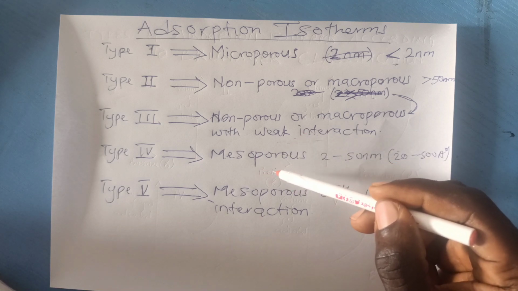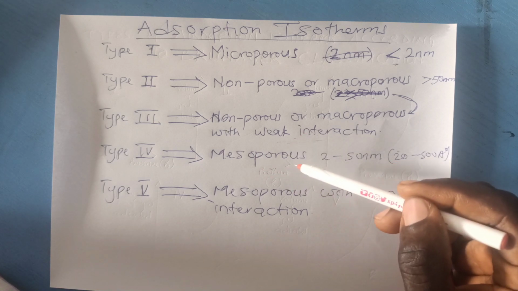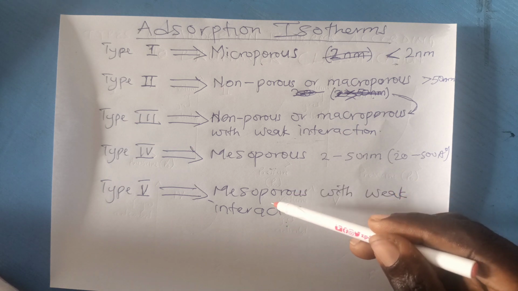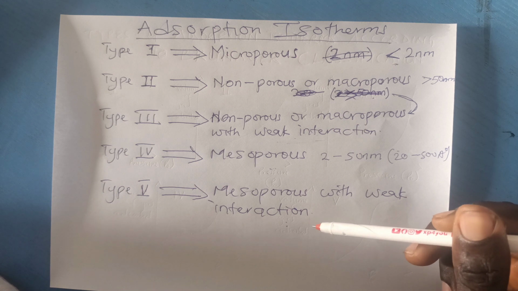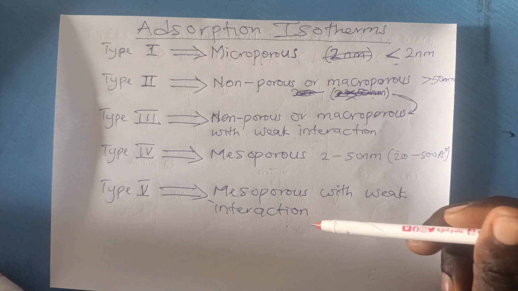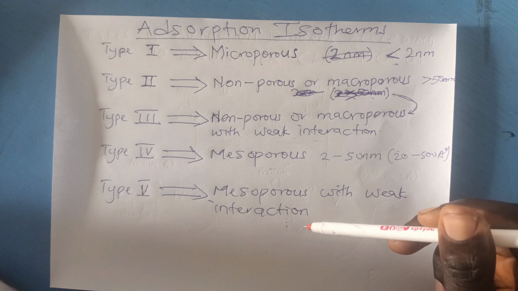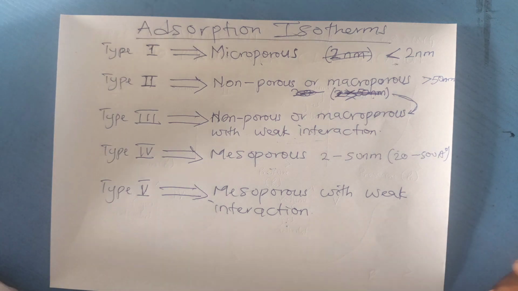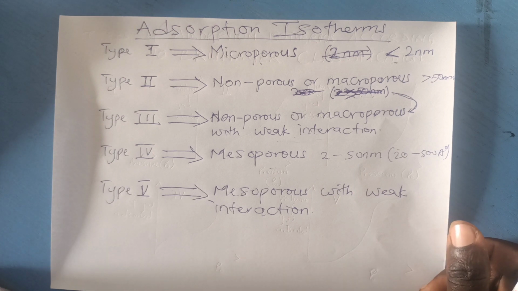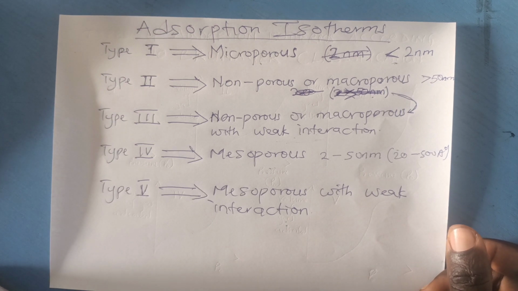Meanwhile, here the pore size is between 2 and 50 nanometer, and here the adsorbent is also mesoporous, but the interaction between the adsorbent and the adsorbate is also very weak. I hope you have a better understanding right now of the adsorption isotherms 1 to 5.